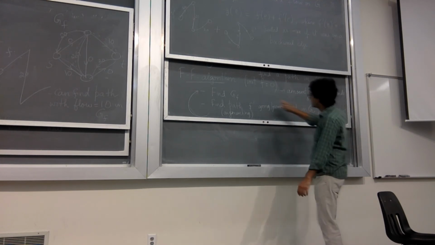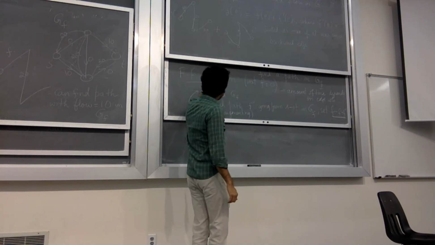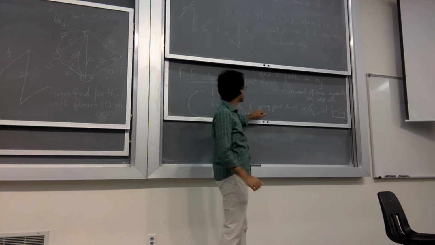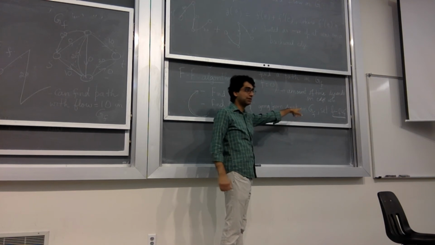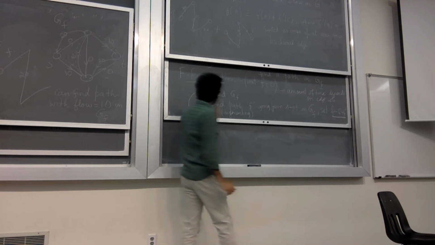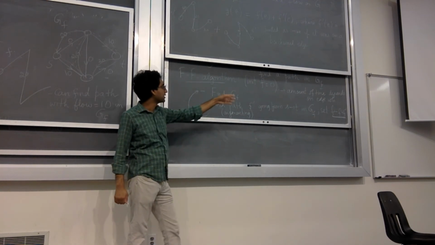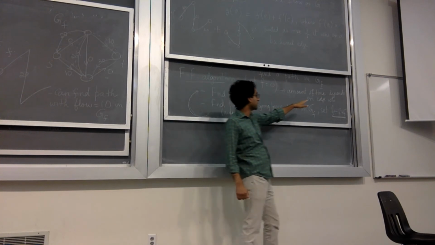Okay, so if I specify the algorithm in such generality, where I just say find G sub f, find some path f prime going from S to T in G sub f, and so on, then the running time could depend on the edge weight.